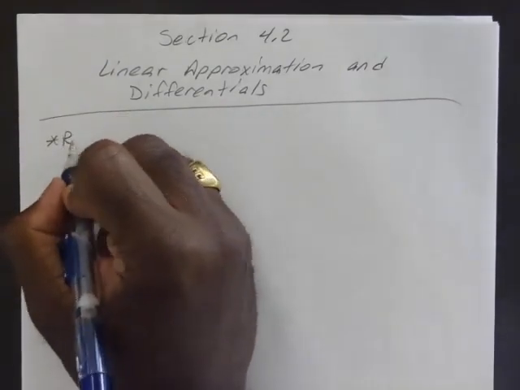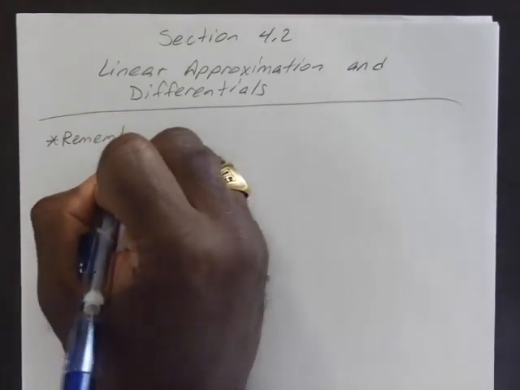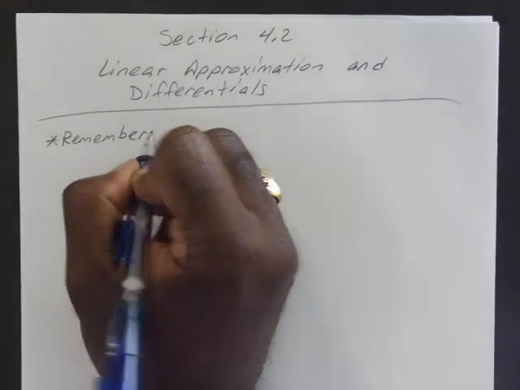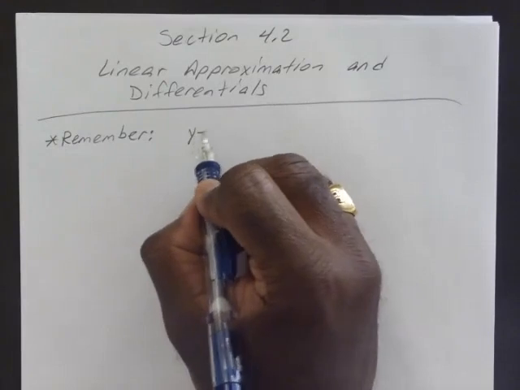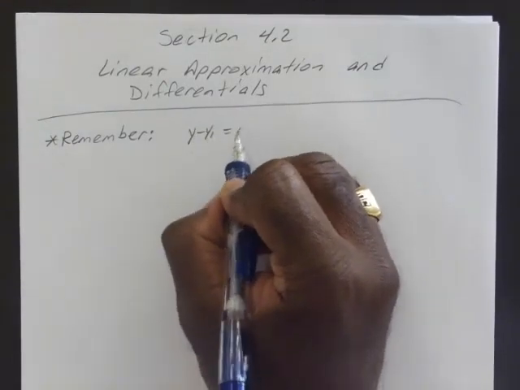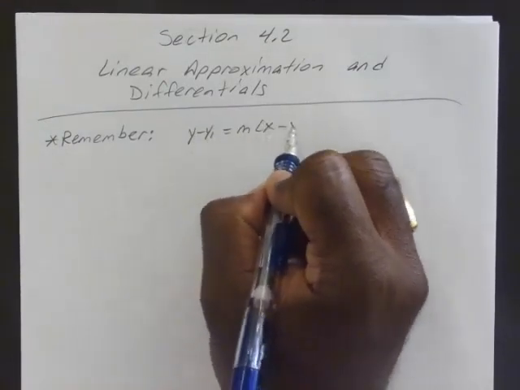Okay, so if you remember, we've had a lot of uses for the point slope formula. y minus y1 is equal to the slope times x minus x1.